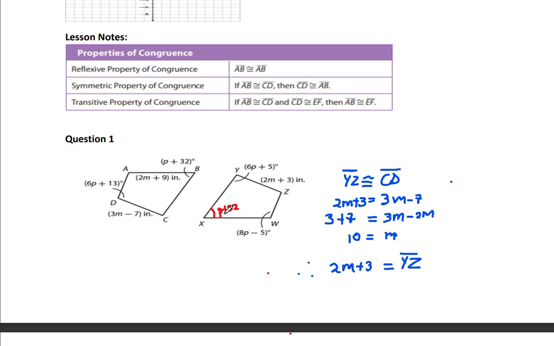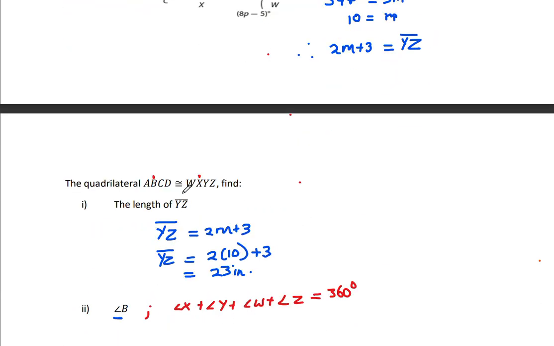So this means that at the moment I have three of the angles in this quadrilateral on the right: angle X, which is P plus 32, angle Y, 6P plus 5, and angle W, which is 8P minus 5. What I don't have at this time is angle Z, but we're going to use the congruency statement to deduce angle Z. Angle Z here will be the same as angle D because they have the same location in the congruency statement.